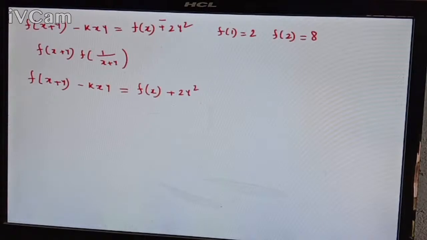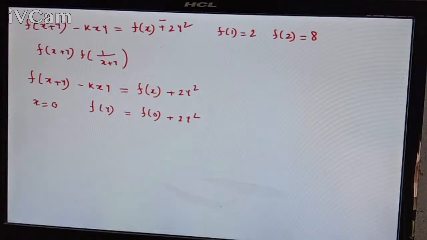Now, if I replace this x by 0, then we will get f of y equals f of 0 plus 2y square.